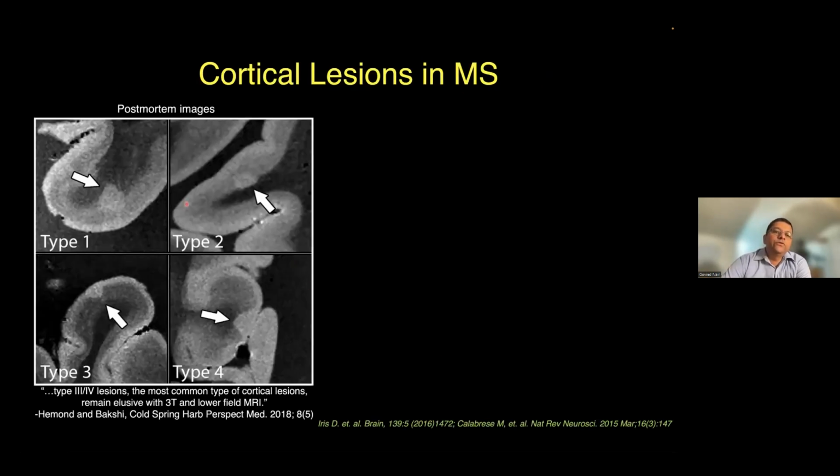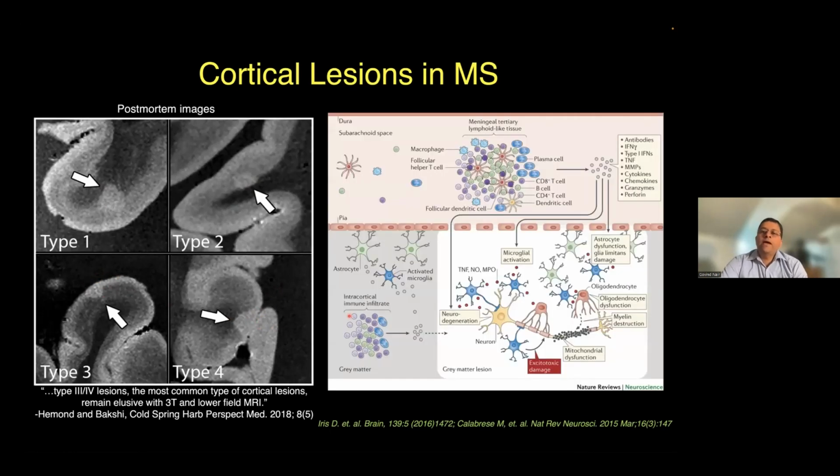So I also want to show that cortical lesions are of multiple types. There are type 1 and 2 that seem to touch or lie right next to the white matter, and type 3 and 4, which seem to come in from the pia, from the CSF region. So this is from the meninges, right? And it is thought that this lymphoid-like tissue plays an important role in making these, at least the subpial lesions.